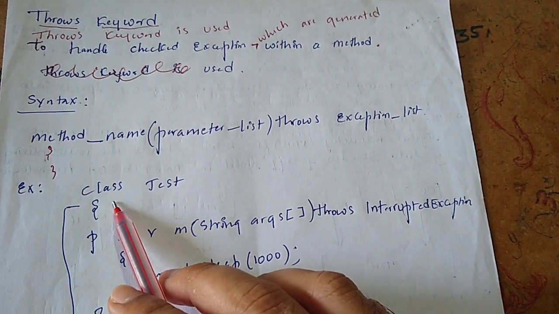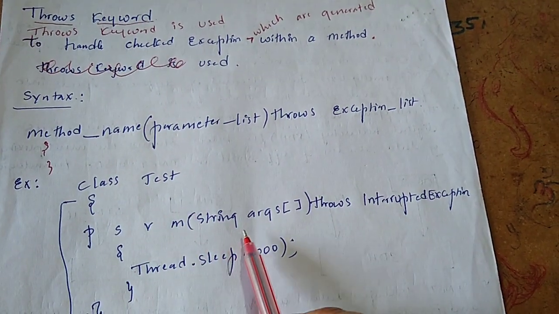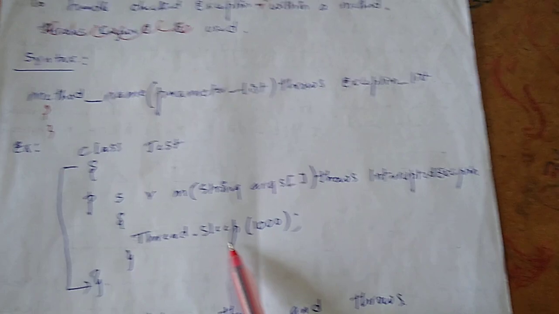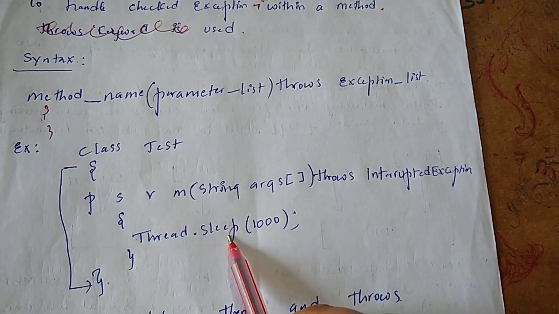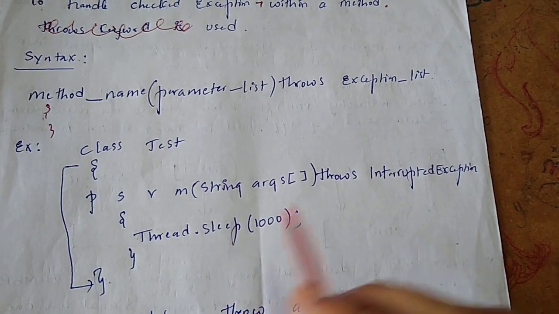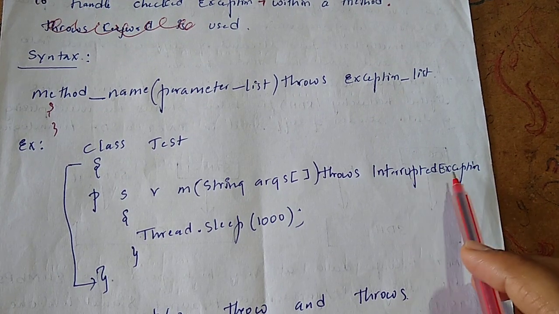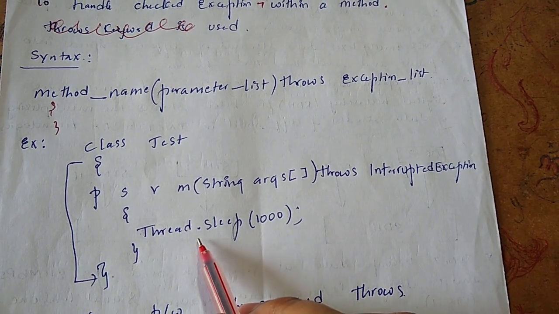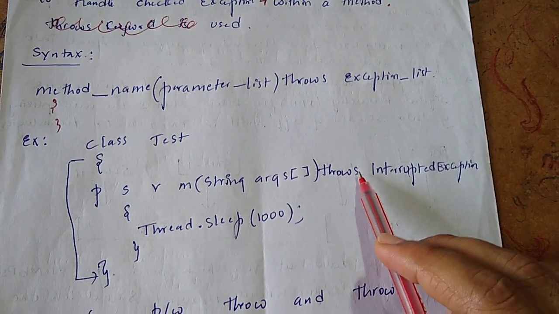For the example, I have taken a class with the name Test, within which there is a public static void main. The sleep method is going to generate one kind of checked exception, called InterruptedException. To handle that, we are using the throws keyword.